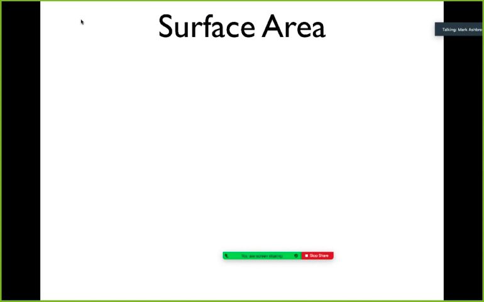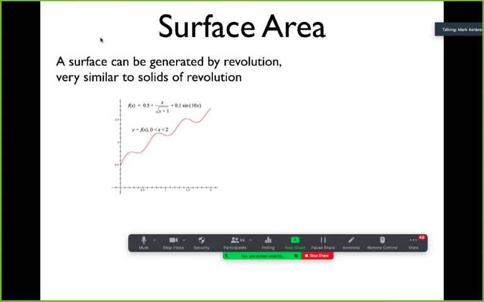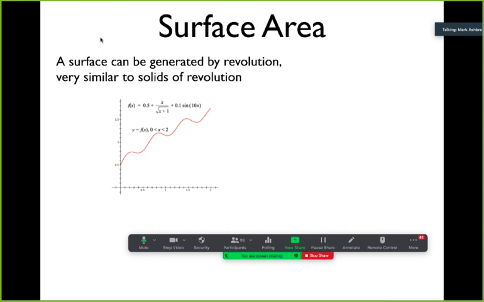Okay, so surface area. A surface can be generated by revolution, just how we generated solids by revolution. We revolved a region, and then we accumulated cylinders filling up the empty shell. Similar to that, we can generate just the surface, just the empty shell itself.